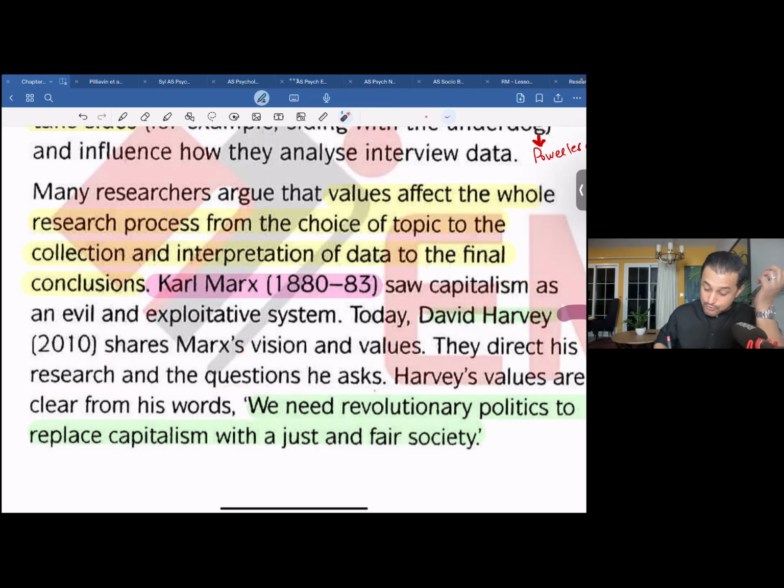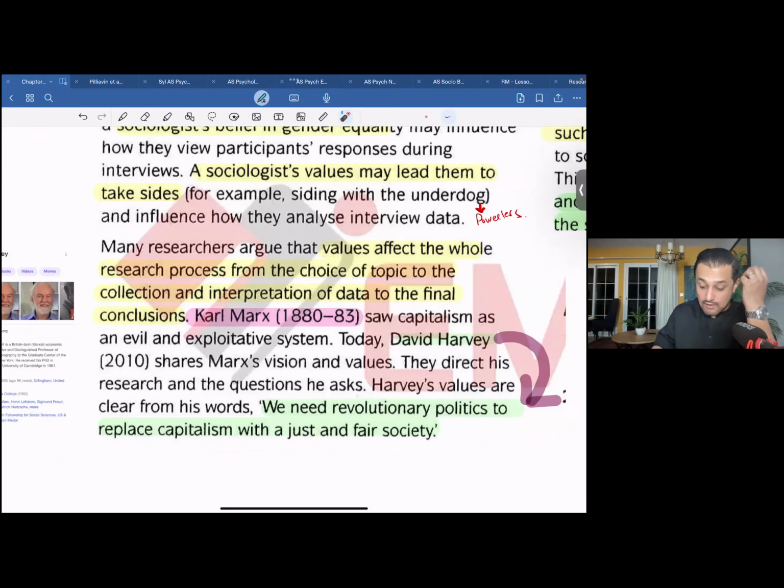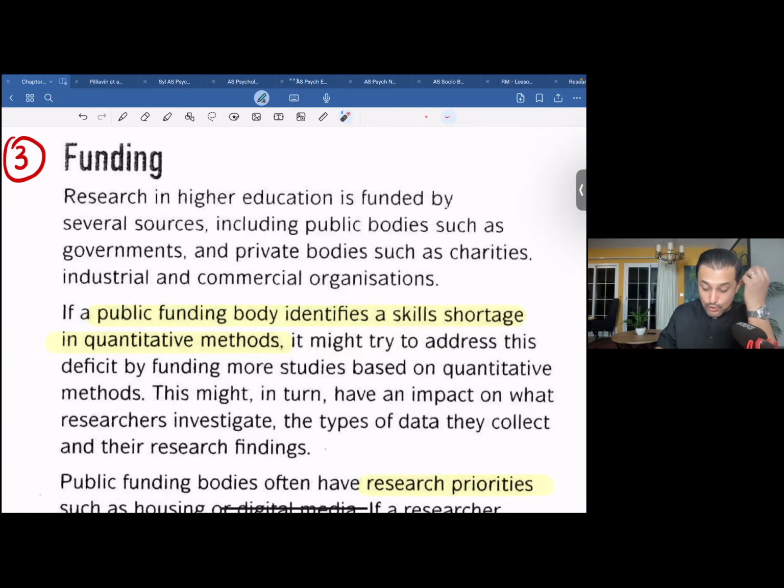Harvey's values are clear from his words: we need revolutionary politics to replace capitalism with a just and fair society. Now, if you're talking about a sociologist who's very clearly advocating revolutionary politics, who's very openly talking about replacing capitalism for us to have a just and fair society, don't you think this reflects his values? Right. So if a sociologist holds beliefs of this particular sort, the likelihood of his or her research being affected by his or her values is always there.